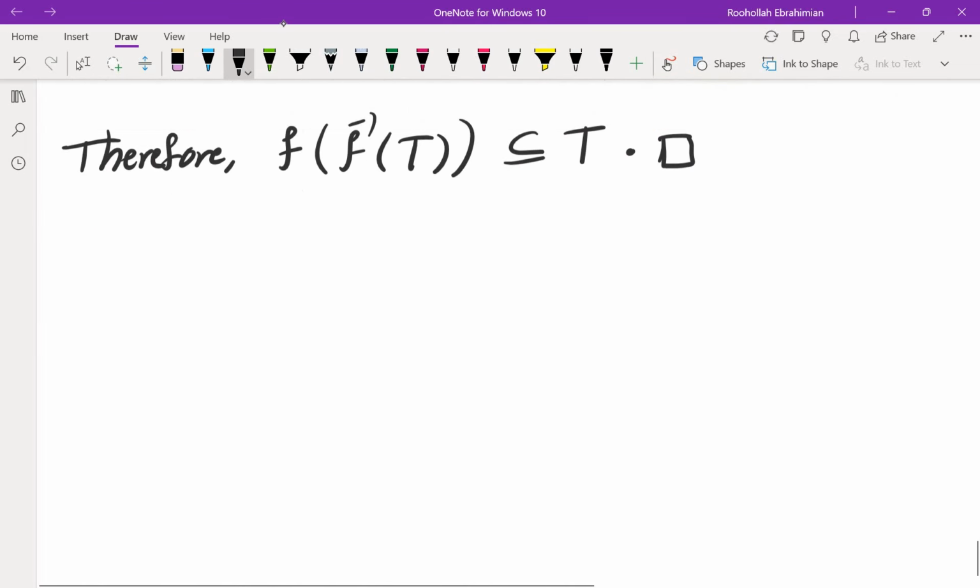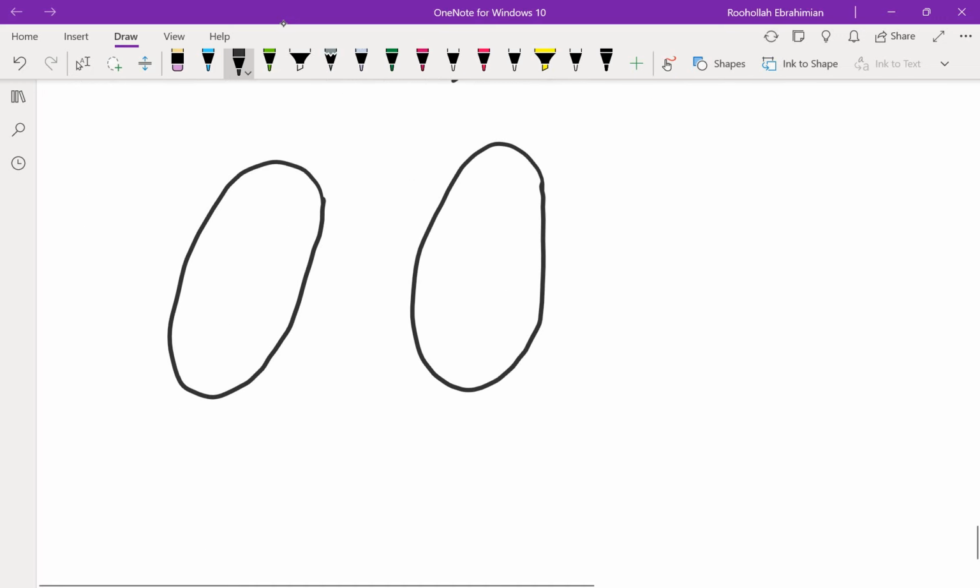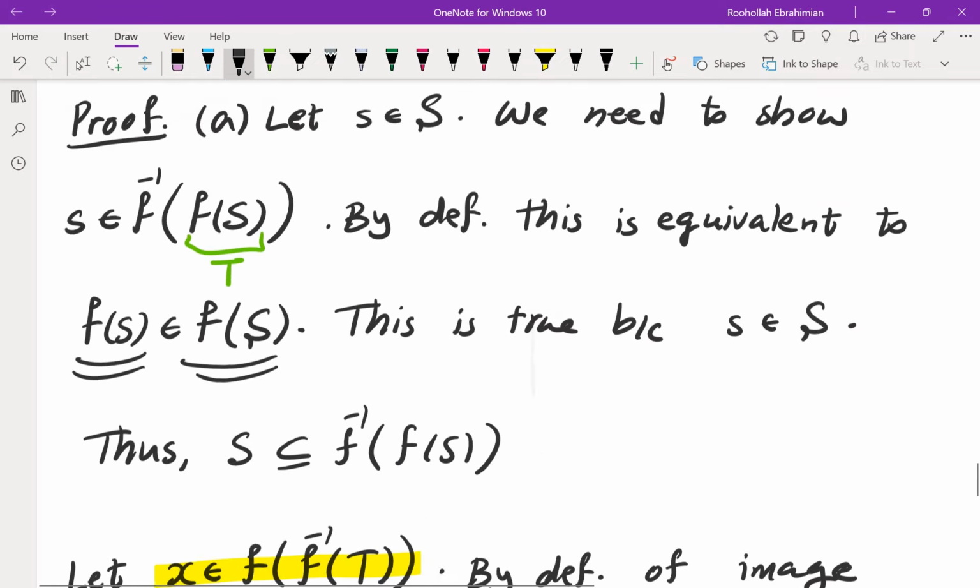If you want to visualize this to see why these two things are valid, here is the visualization. Here is the set A, here's the set B. So we have the set S. Let's look at the first one.